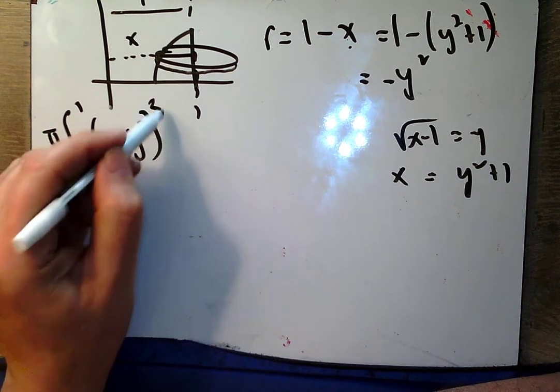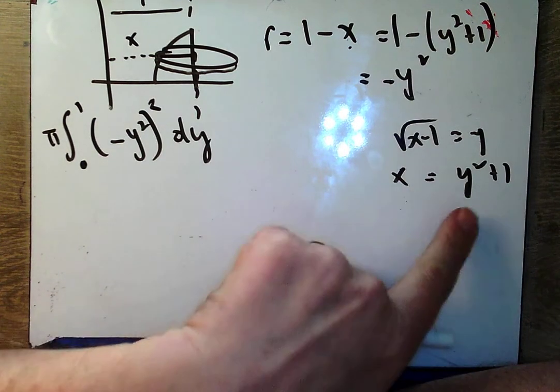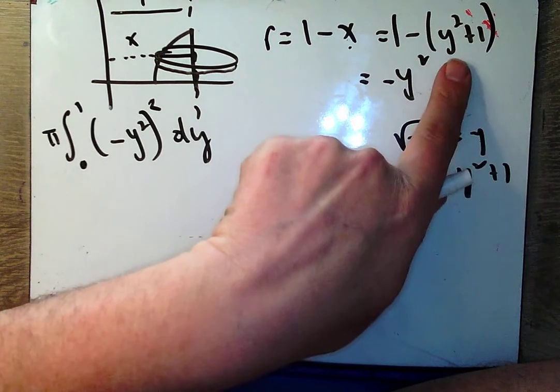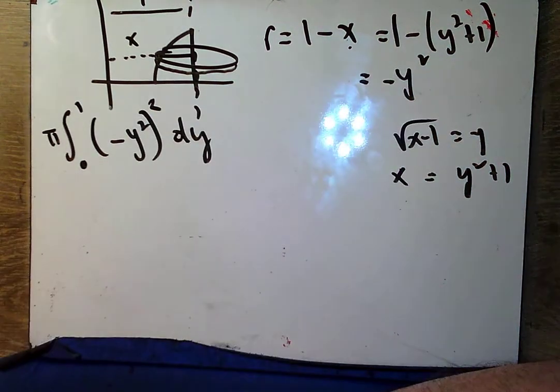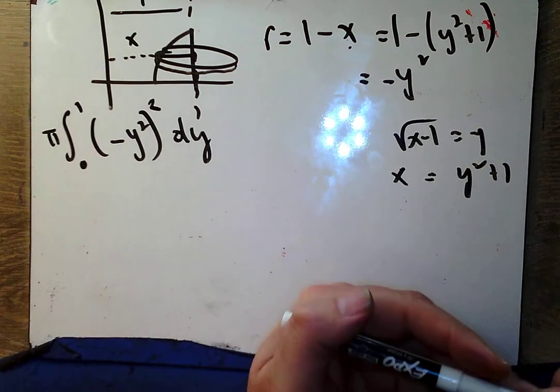But I'm squaring it, so it'll just be y to the 4th. Let's think about that one more time. So that is 1 minus x, and x is y squared plus 1. Let's distribute. Yeah, that's perfect. So there's my setup with washers.